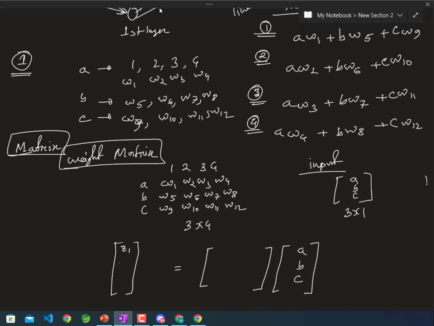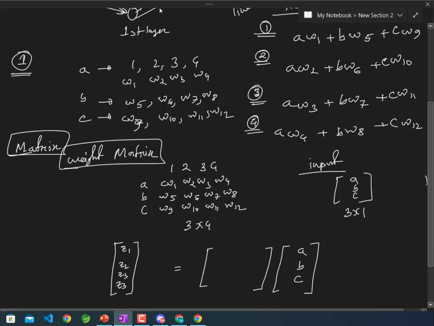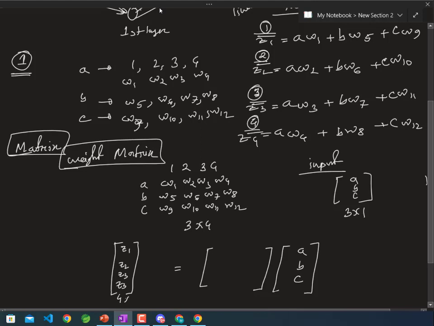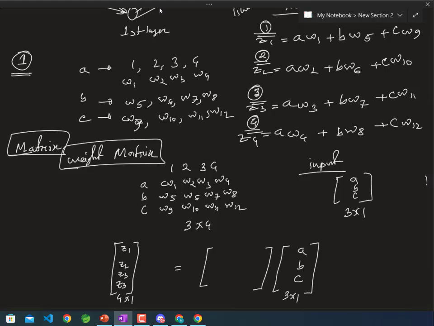This is a 4 by 1 matrix, and the input is a 3 by 1 matrix. So to get a resultant 4 by 1, we need to multiply the 3 by 1 matrix with a suitable matrix.